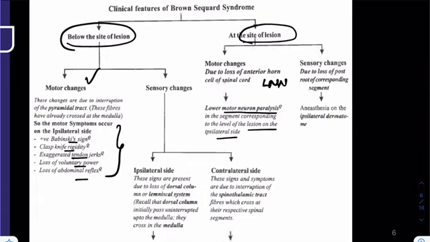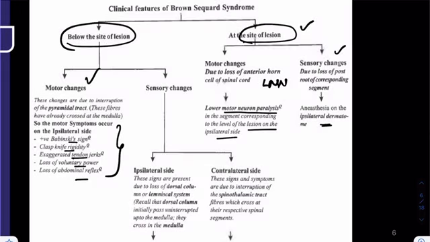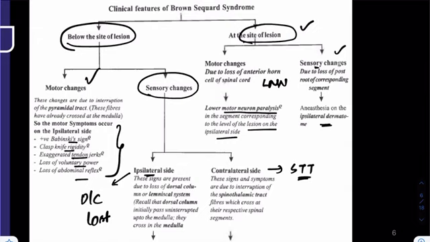Now, the next important thing you need to know is the sensory changes. At the site of lesion, you will have anesthesia on the ipsilateral dermatome. That is what you will observe as the sensory changes. But if you take the sensory changes below the site of lesion, ipsilateral, you will have dorsal column sensation lost, whereas contralateral, the spinothalamic tract sensations are lost.